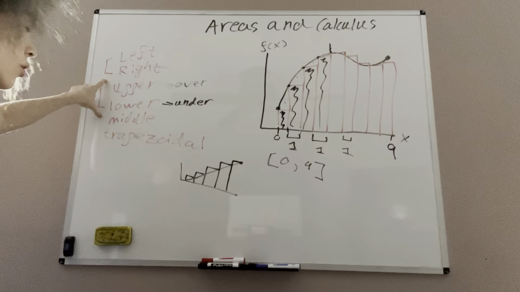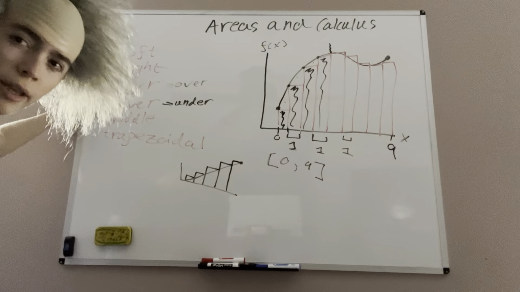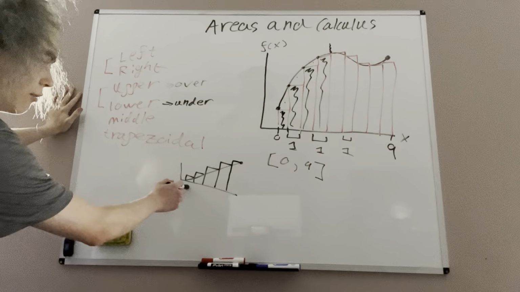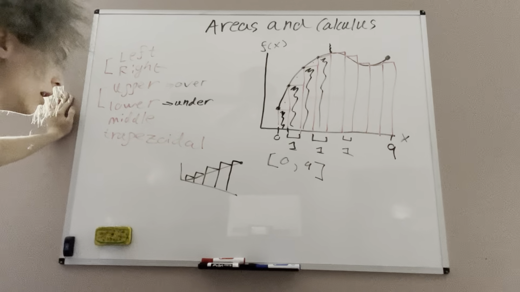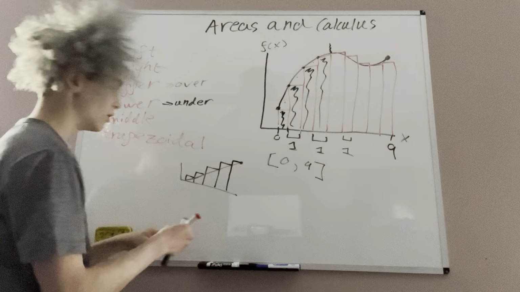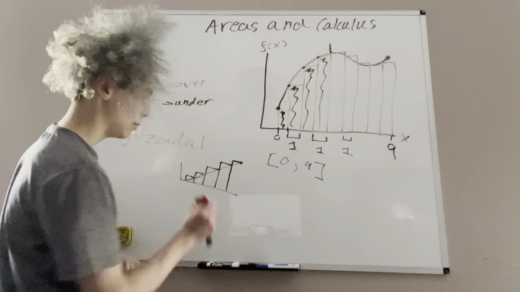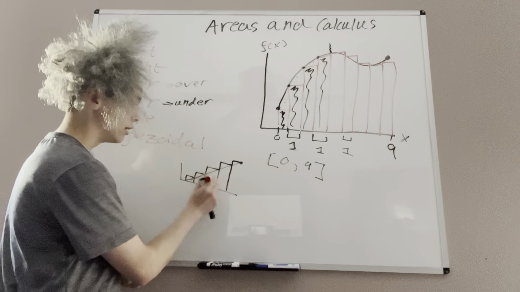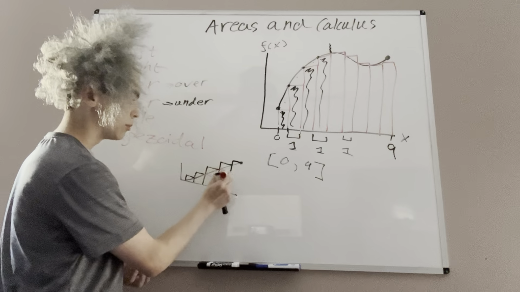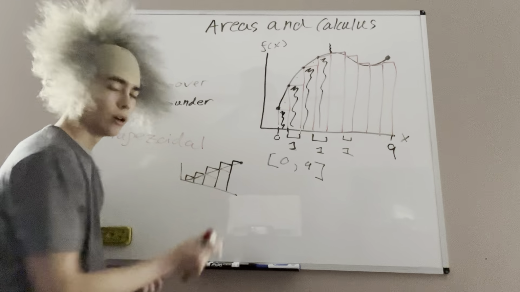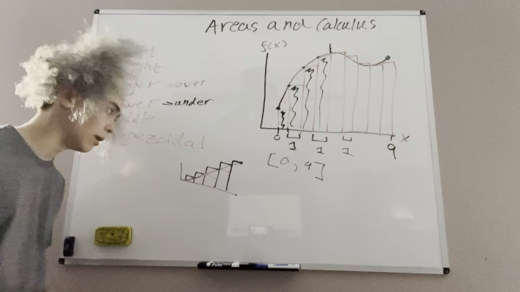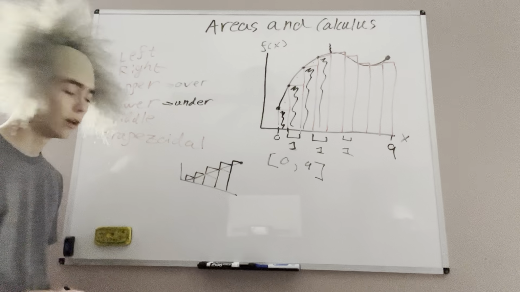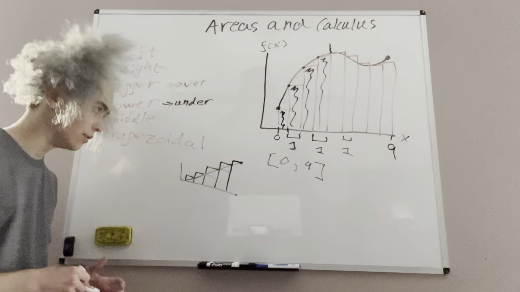Now, sometimes you can be given the information, okay, draw an upper Riemann sum. On this graph, if I wanted to draw an upper Riemann sum, I would have to draw a right Riemann sum. Because if I used left Riemann sums, I would get an underestimate because the tops of my boxes would always run under the graph, since the box intersects with the function on the left side of the interval.